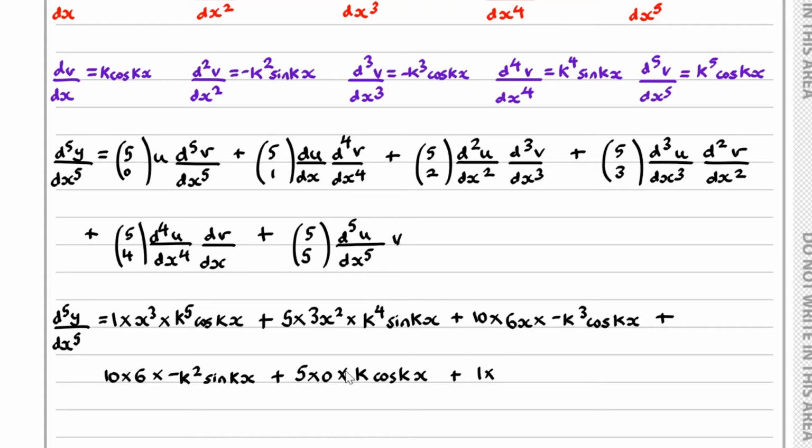We multiply this by the fifth derivative of u, which is 0, and then we multiply this by the function v, which is sine kx.